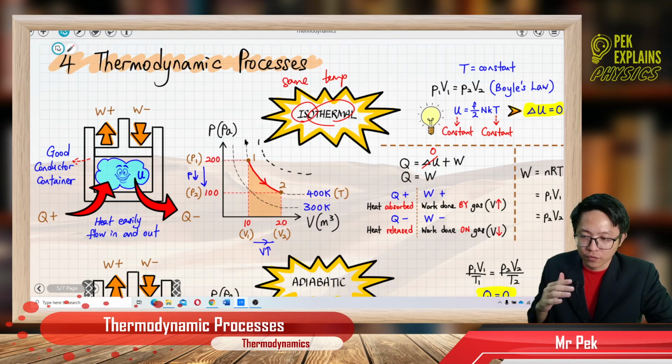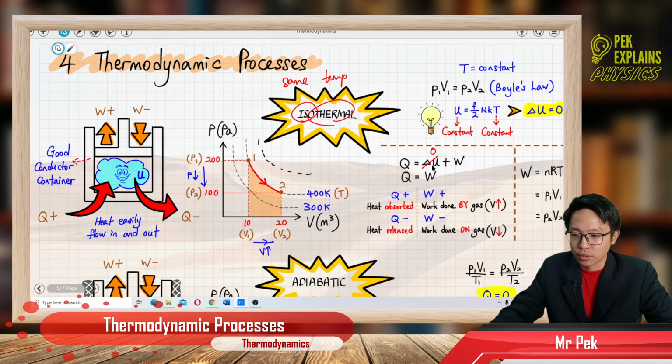Like you see, for this example, from point 1 to point 2, it maintained the same isotherm line of 400 Kelvin, because in an isothermal process, the temperature is constant.